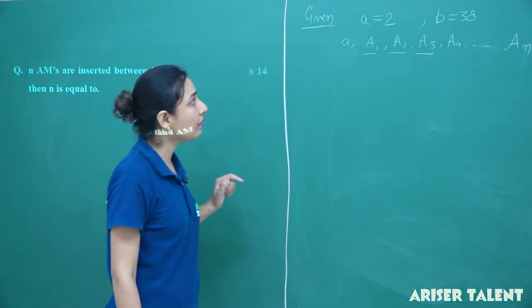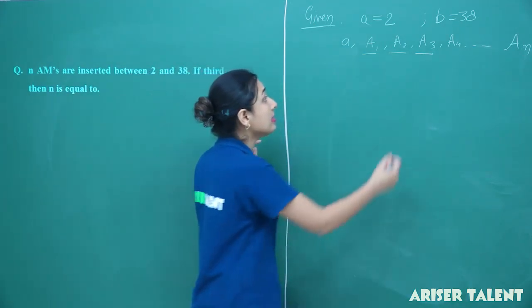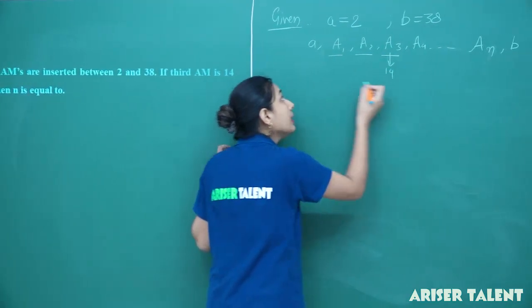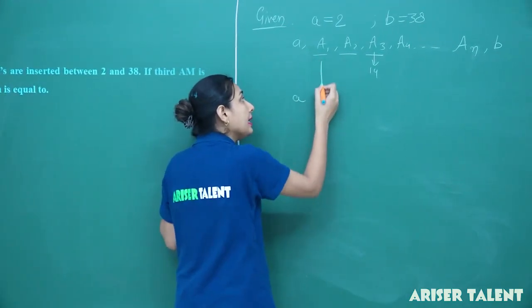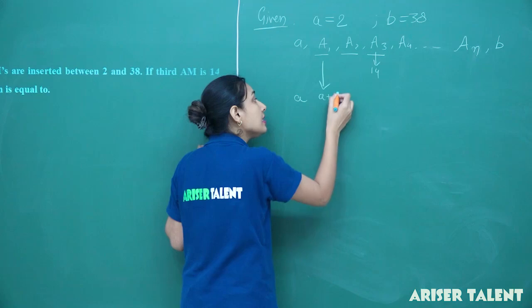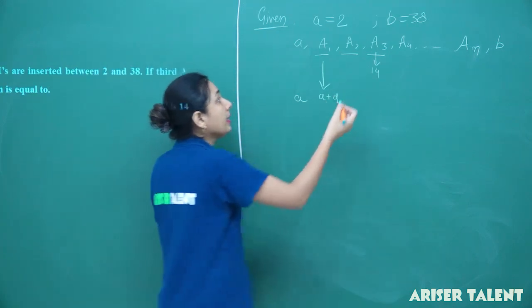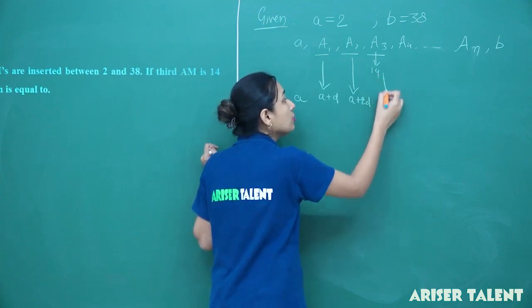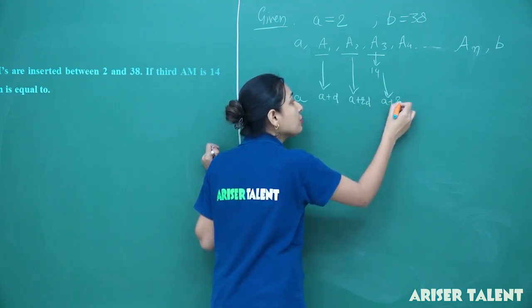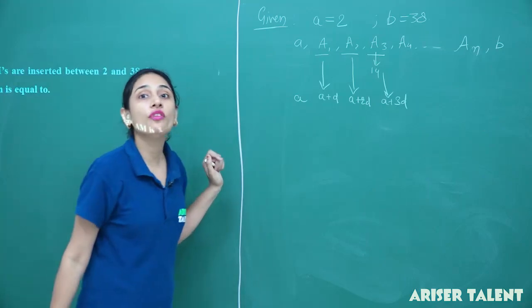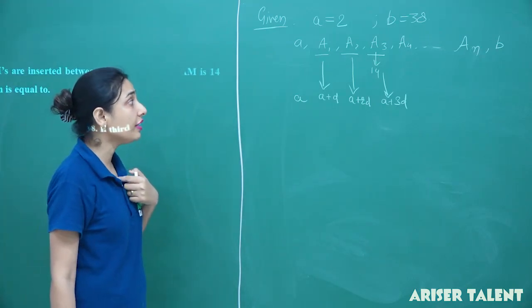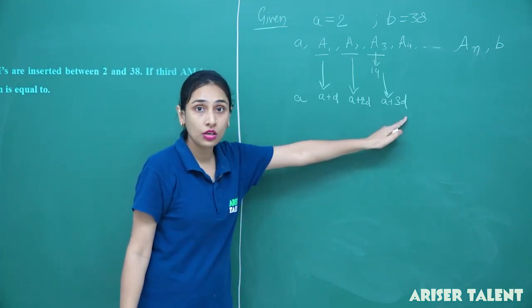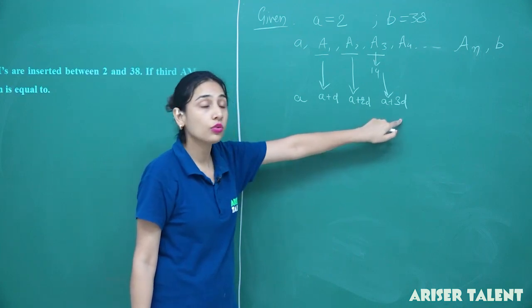How will I relate it? This equals 14. If this is A, A1 will be A plus D, the difference. A2 will be A plus 2D, so this becomes A plus 3D. So the value I have been provided is the value of A plus 3D.